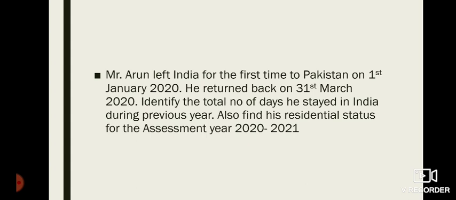That means he left on 1st January for the first time only. All the other days, all the other months, he was there in India itself. So 1st January he left India, which means in the previous year from 1st April 2019 to 1st January 2020 he was there in India.